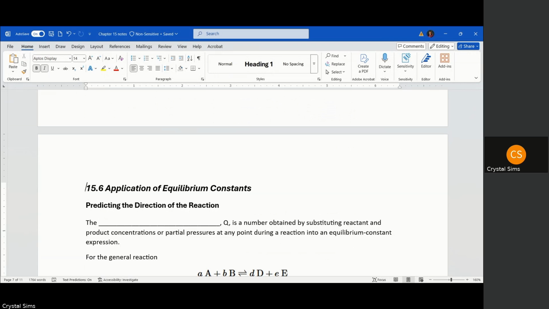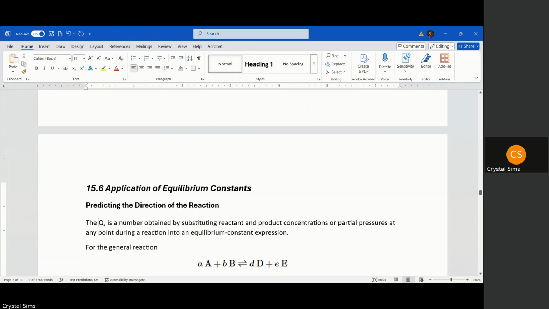So the first thing we're going to look at is predicting the direction of the reaction. And so we have another number that we're going to plug in here. I know sometimes chemistry is like alphabet soup, right? We're going to look at what is called the reaction quotient, or Q. Reaction quotient Q is a number that we can obtain by substituting our reactant and product concentrations, or the partial pressures, into the equilibrium constant expression.